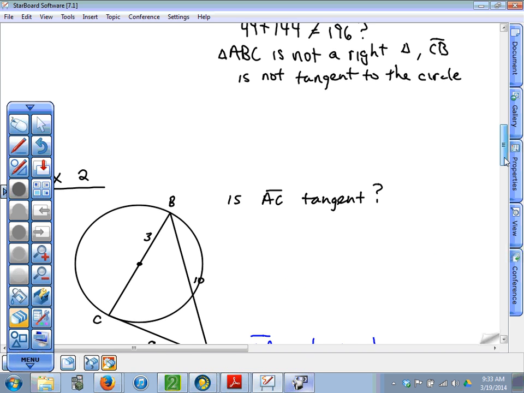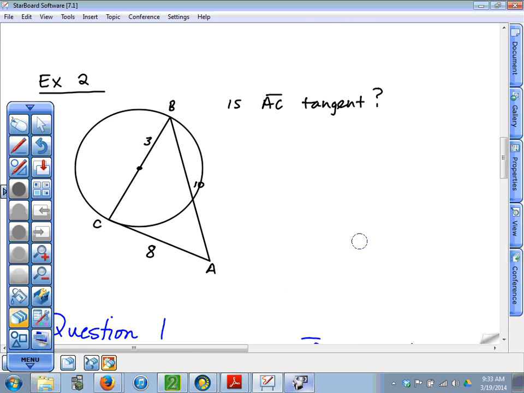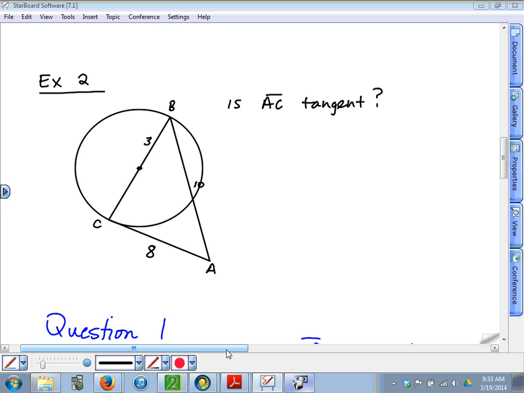So here, on this example, is line AC tangent?